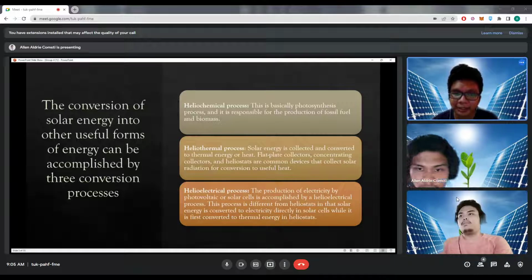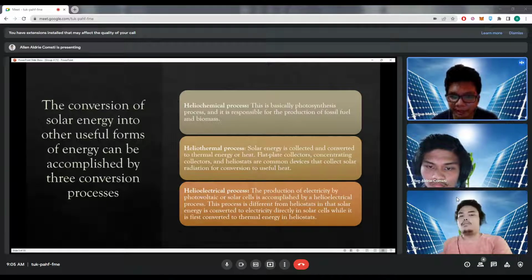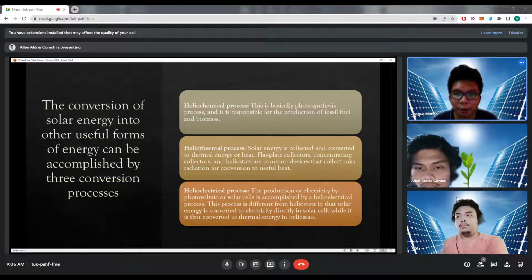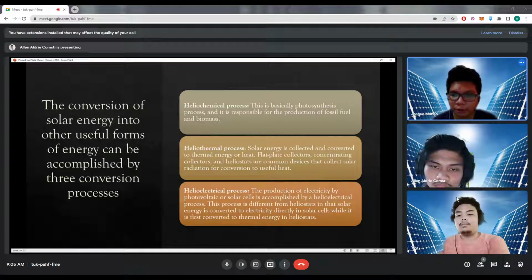and biomass. In the heliothermal process, solar energy is collected and converted to thermal energy or heat. Flat plate collectors, concentrating collectors, and heliostats are common devices that collect solar radiation for conversion to useful heat. Last is the helioelectrical process.